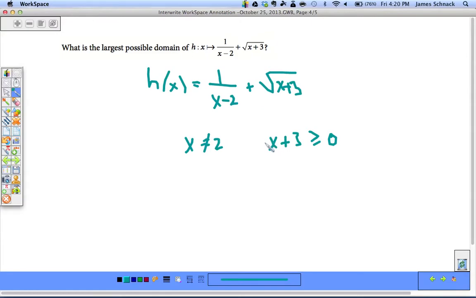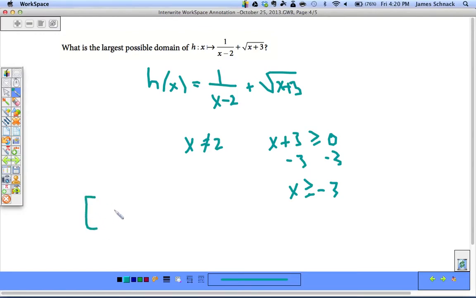If x was negative 4, then negative 4 plus 3 is not greater than or equal to 0. We wouldn't be able to square root that. So let's subtract 3 and solve this little inequality. x has to be greater than or equal to negative 3.